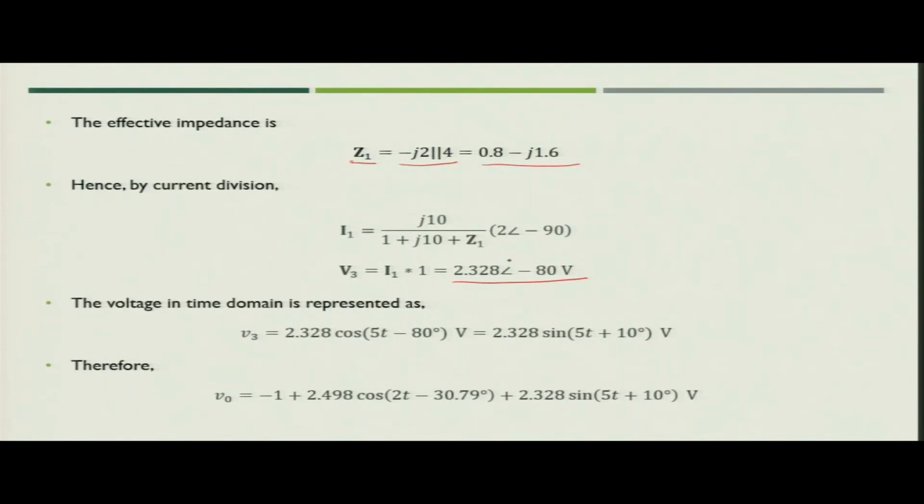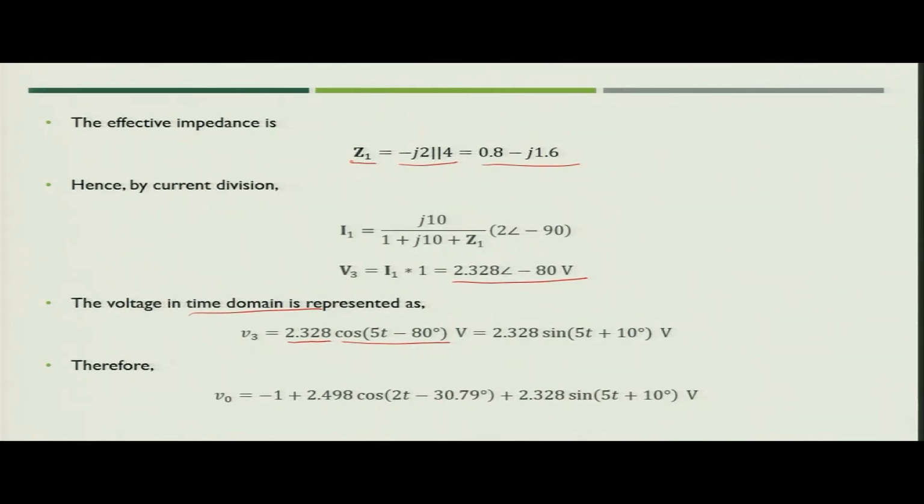Now, this is again in phasor, so we will convert it into the time domain. When you convert it into time domain, it becomes 2.328 cos(5t minus 80), or you can convert it back into sine, because sine was the initial form when you saw the current source.